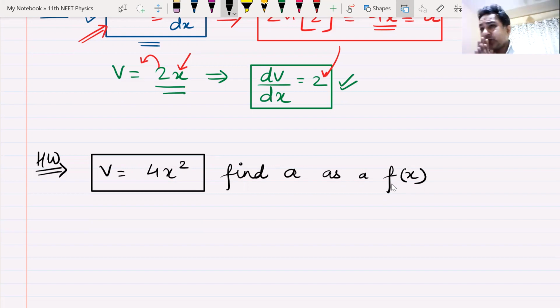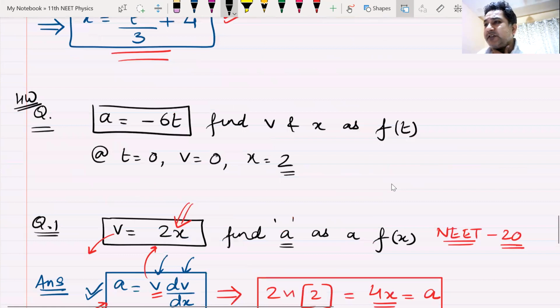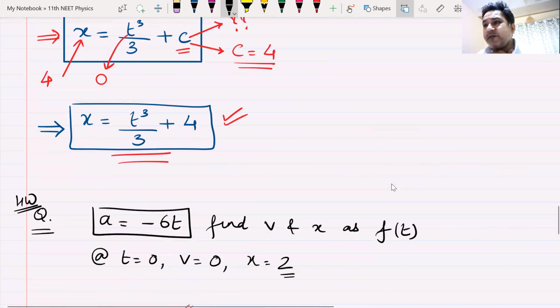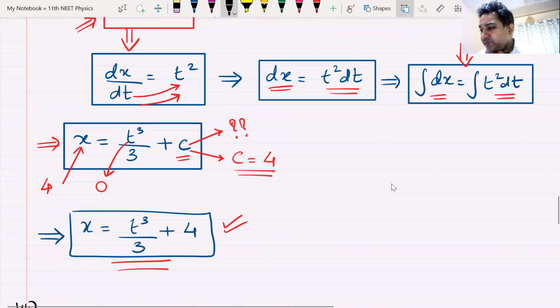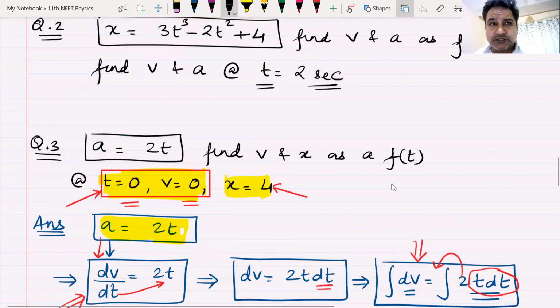So now I'll wind up this class and we are done with motion in 1 dimension. I'll give you a quick recap of what we have done in this chapter. Whatever we had done in this chapter was covered in today's class with equations of motion.